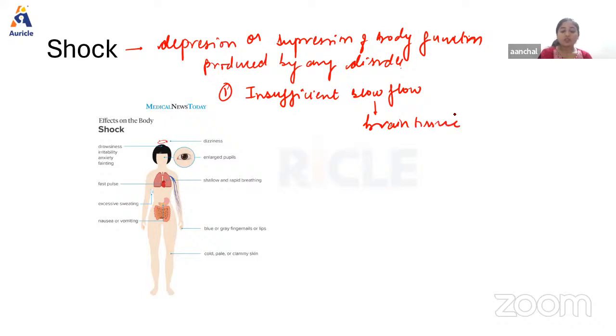So the major cause of decreased blood flow is the reduction in cardiac output, and cardiac output is reduced during various conditions. A very common condition is loss of blood, or vasodilation, or cardiac disease, or whenever there is any kind of obstruction to blood vessels, right?